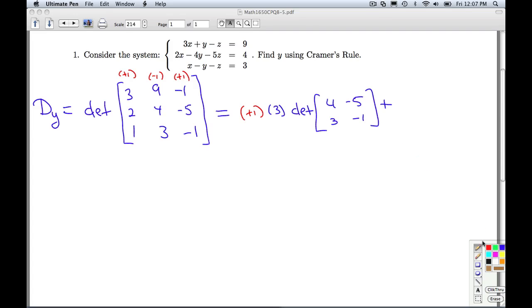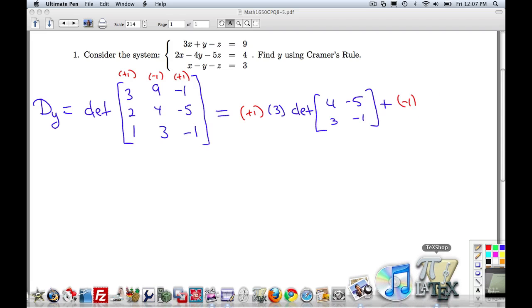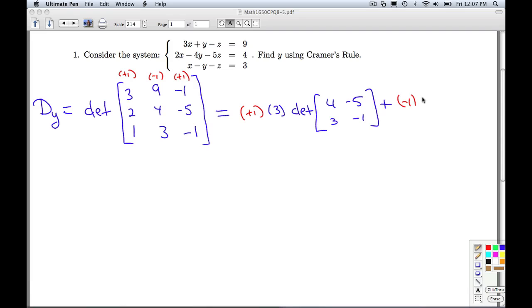Now I add to this the negative 1 times the element 9 times the determinant of the 2 by 2 matrix I get by deleting this row and column, 2, negative 5, 1, negative 1.